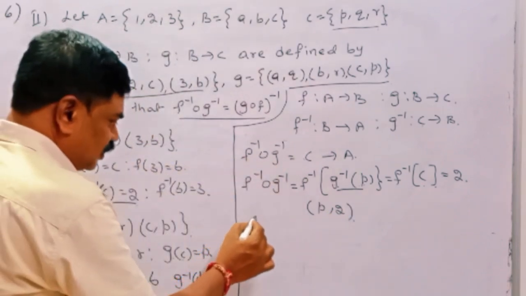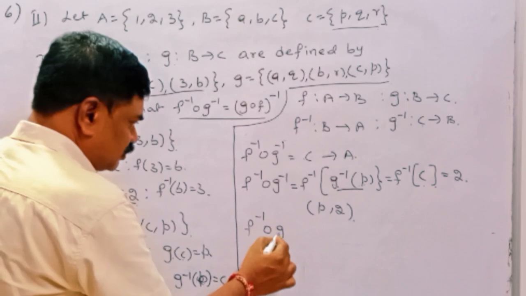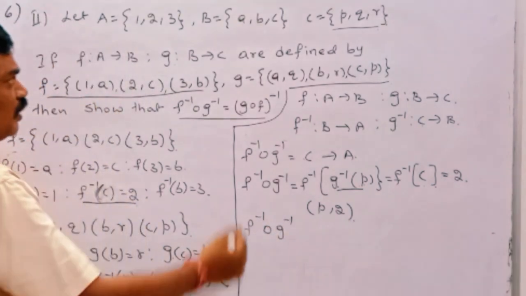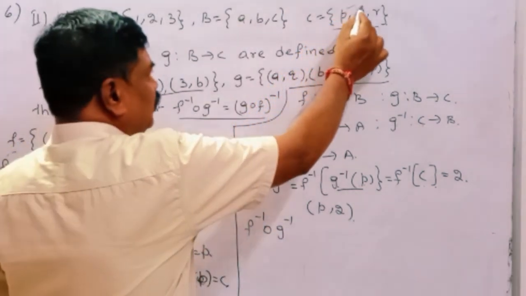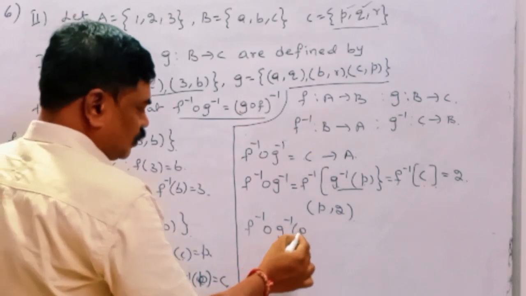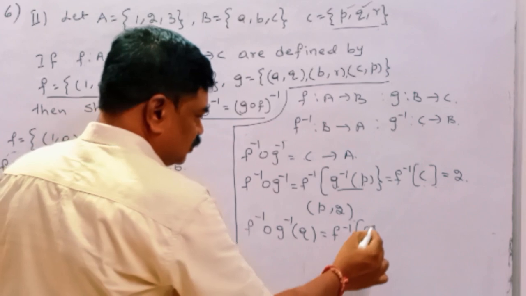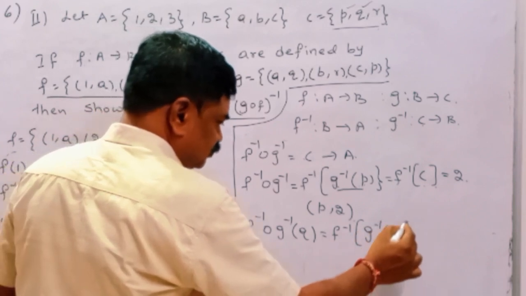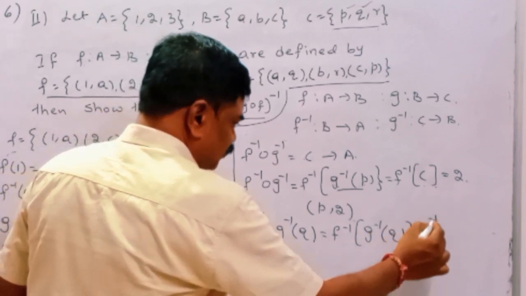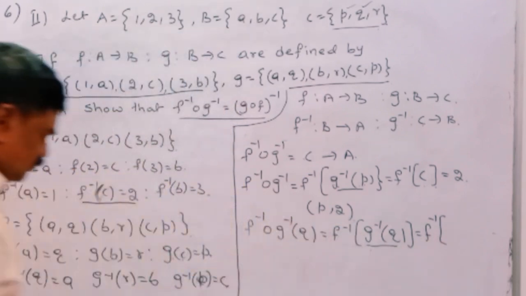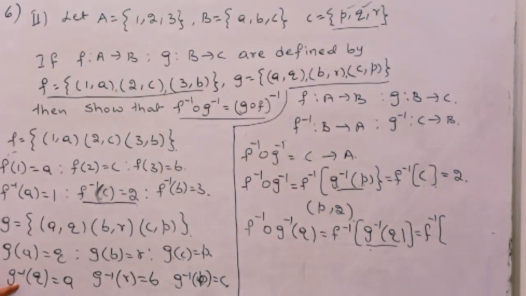Next, F inverse circle G inverse of Q is equal to F inverse of G inverse of Q. G inverse of Q is equal to A here.